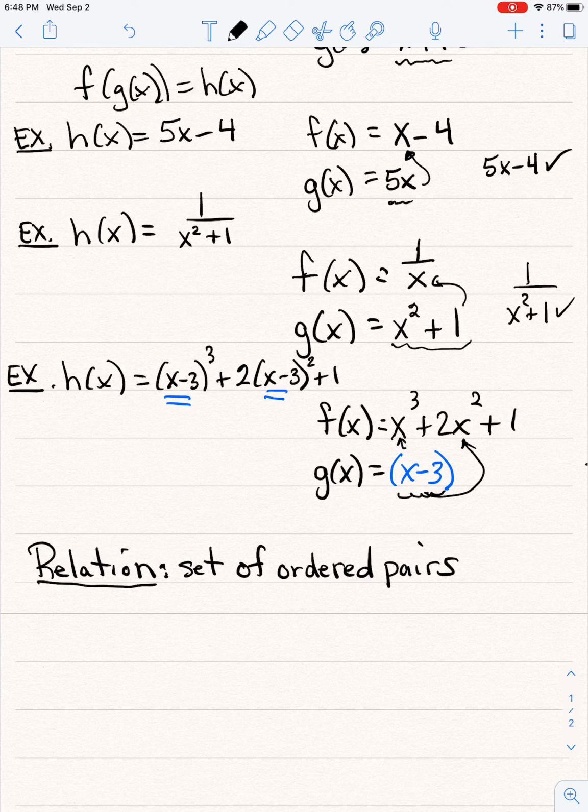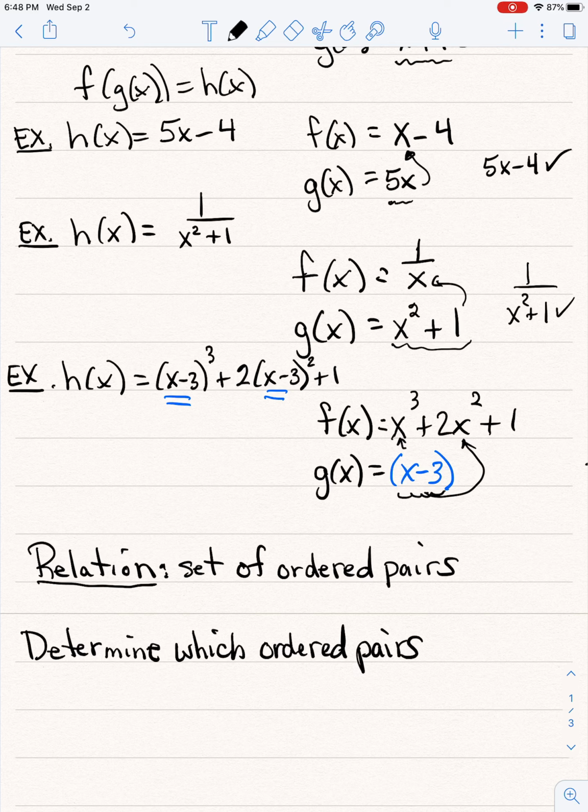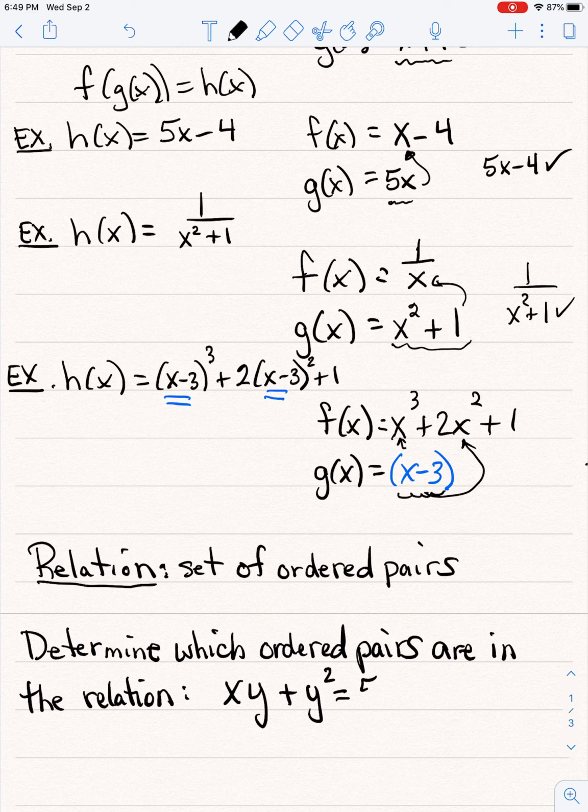Okay, so maybe I would give you a problem like this. Determine which ordered pairs are in the relation given by (x, y) plus y squared equals 5.